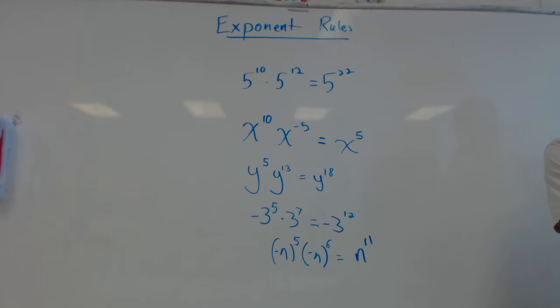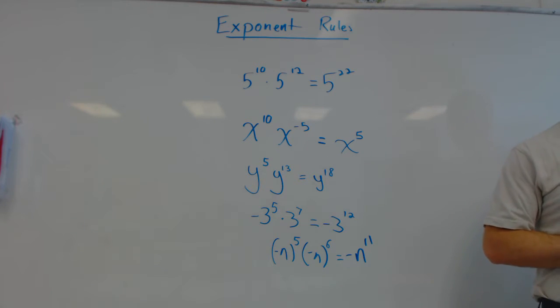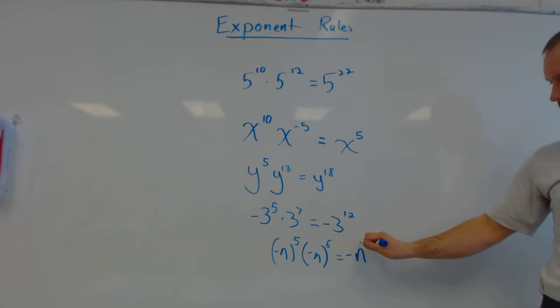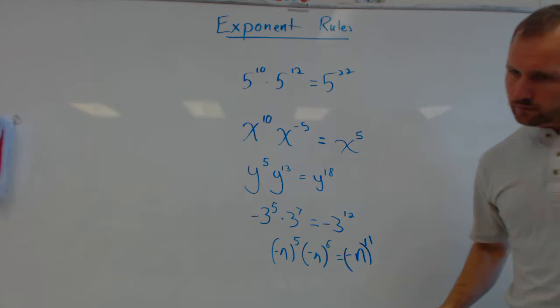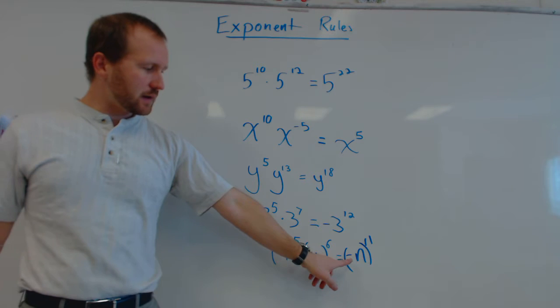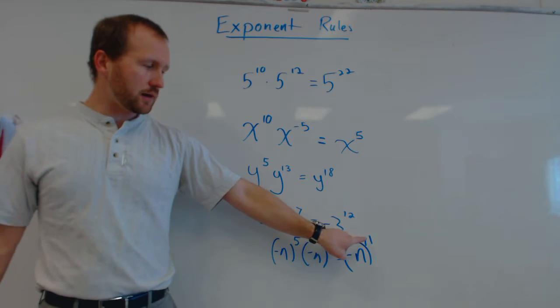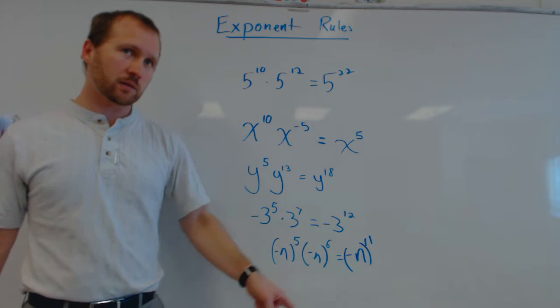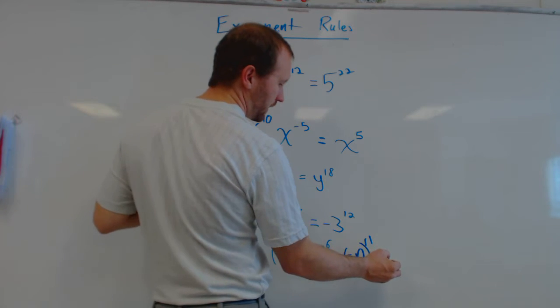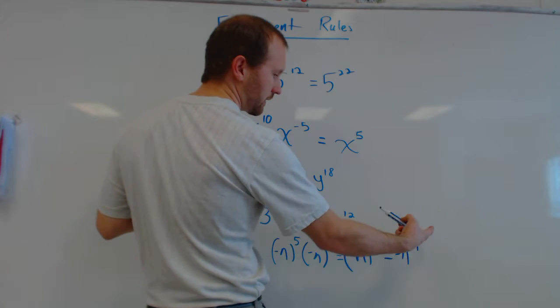I think so. No, it would be negative because it's an odd number. A negative number to an odd power is going to be negative. So we could say that, or we could say that it equals negative n to the 11th.